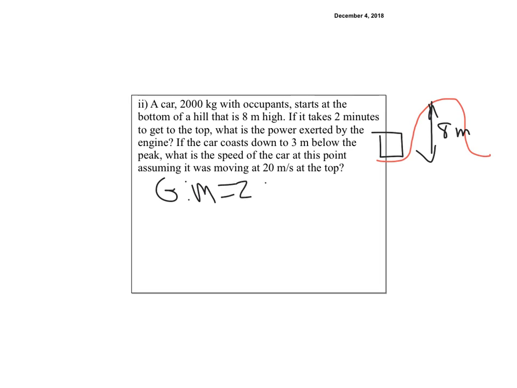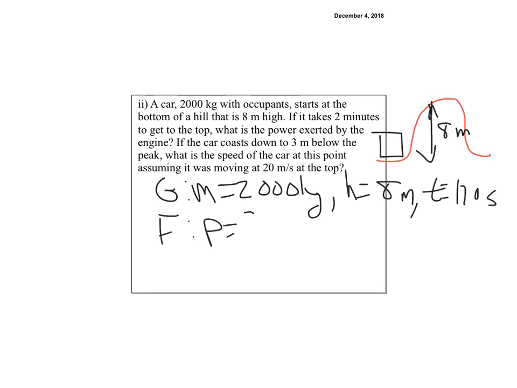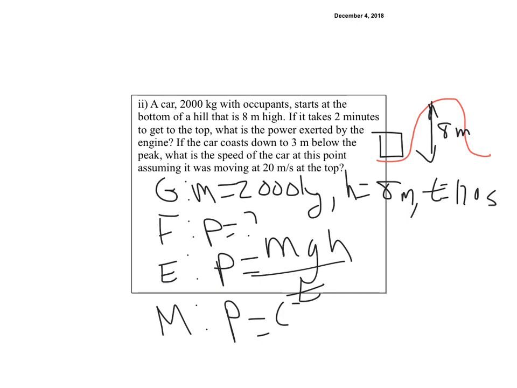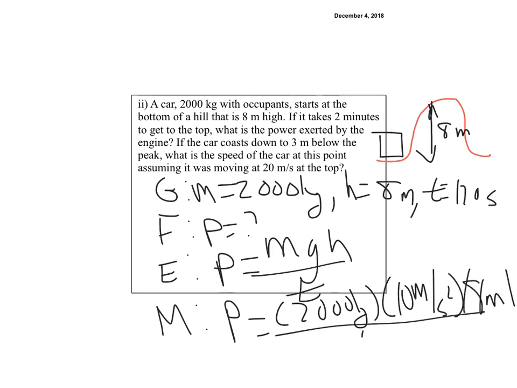M is 2,000 kilograms, H is 8 meters, T is 2 times 60, so that's 120 seconds, and we're trying to find power. So we know that power is equal to, well, some kind of joule on the top. Well, it's going to be potential energy, so mgh over t. And so then when I do my math, I can see that P is equal to 2,000 kilograms times 10 meters per second squared times 8 meters divided by 120 seconds.